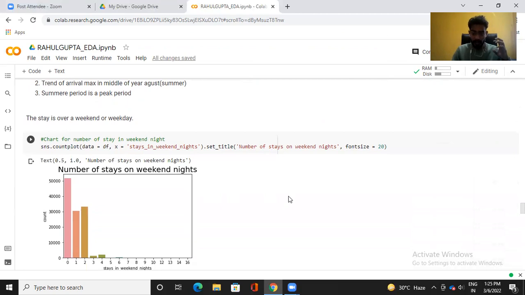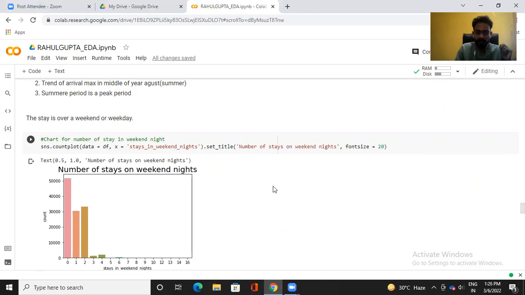Then I looked at different types of stay over a period, whether it is a weekday or a weekend, because in everyone's mind there is a chance that on a weekend a higher number of people will come, and on a weekday fewer people will come.